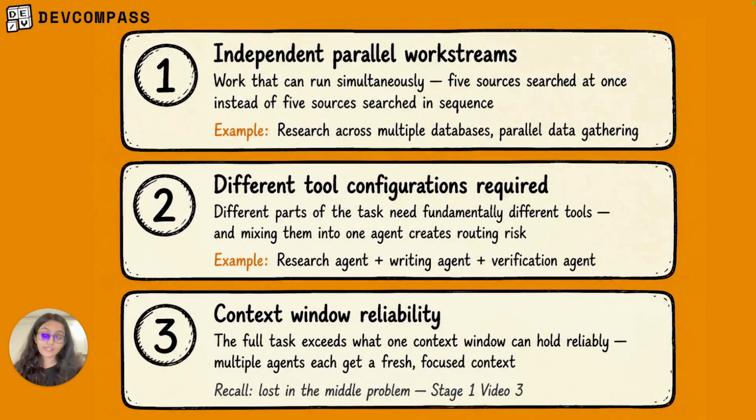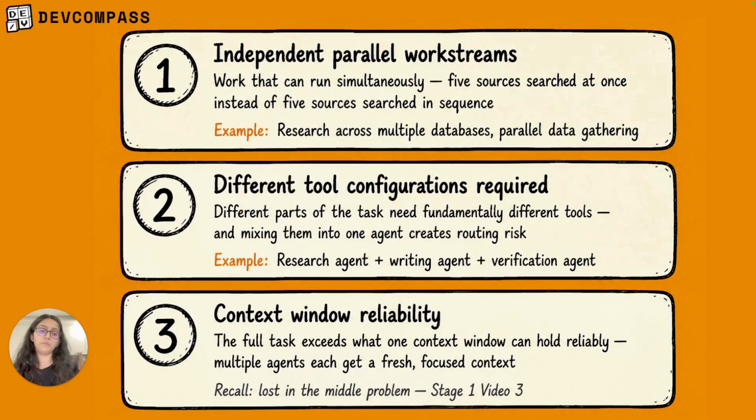Third, context window reliability. Look at this one very carefully, and I think I've been emphasizing a lot on context windows since the start. So a single agent running a very long complex task which needs 40 turns of conversation, large tool results, multiple document injections will start to degrade. We covered this in stage 1 video 3. So if you have not watched it, please go watch.